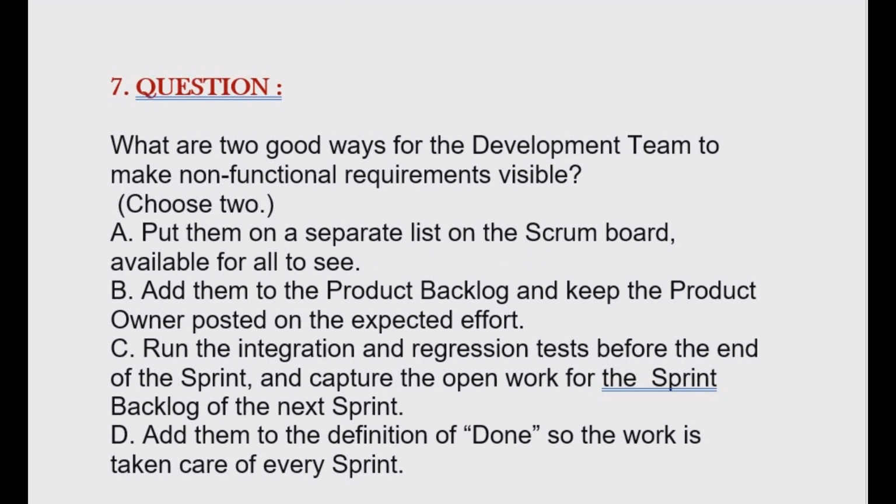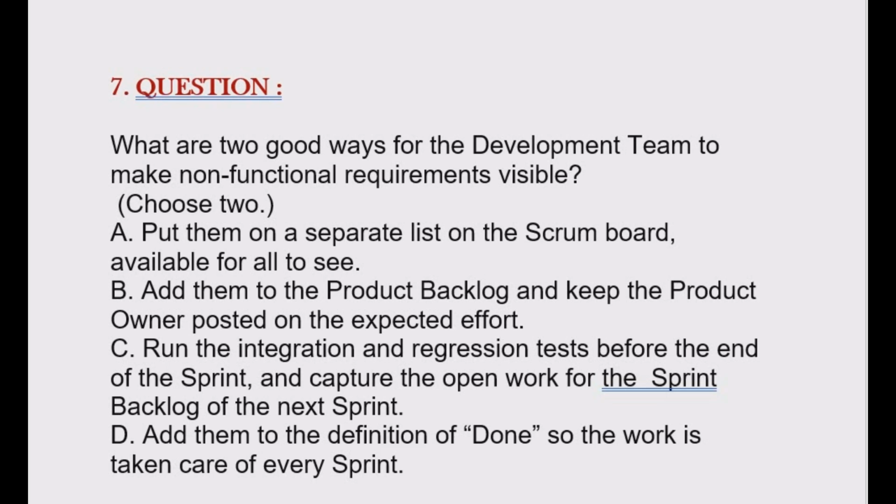Question is, what are two good ways for the development team to make non-functional requirements visible? Choose two options. Option A, put them on a separate list on the Scrum board available for all to see. Option B, add them to the product backlog and keep the product owner posted on the expected effort.